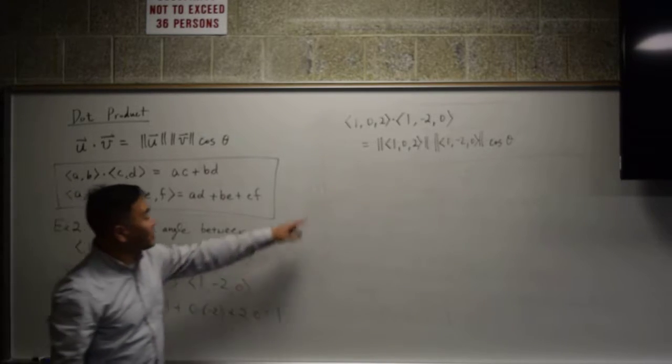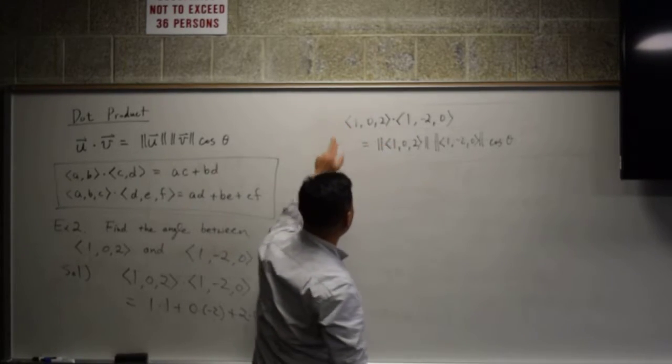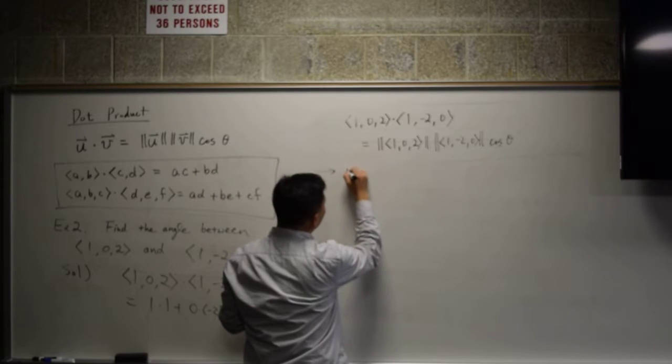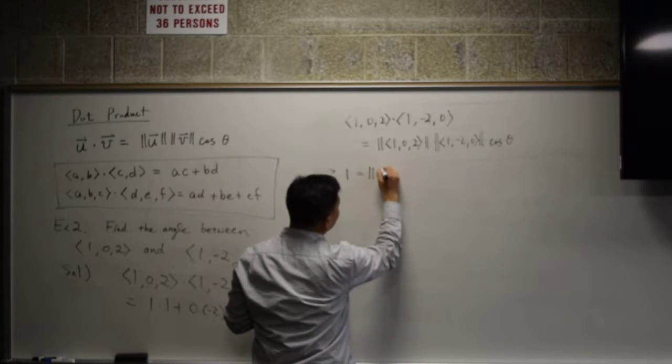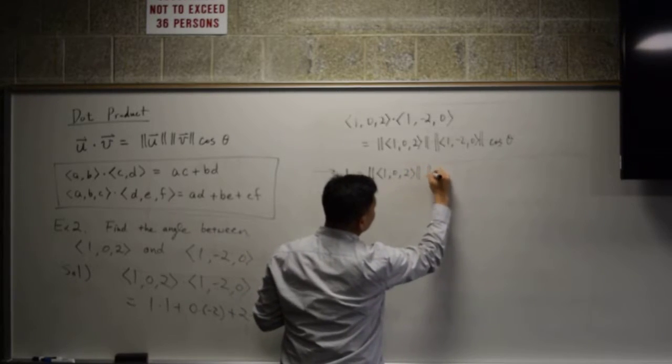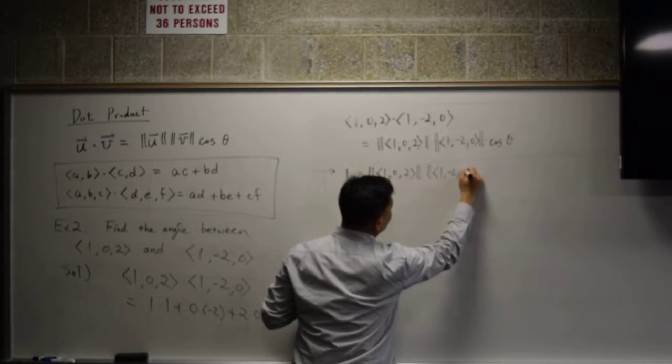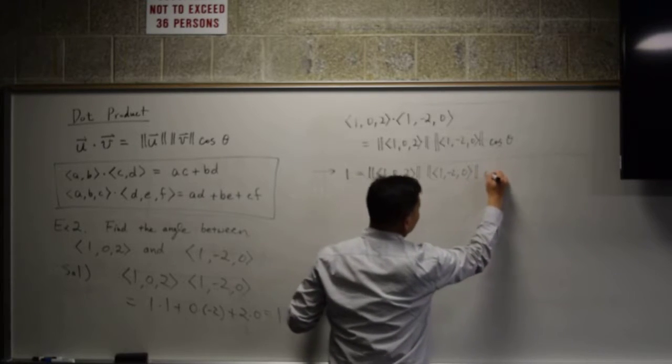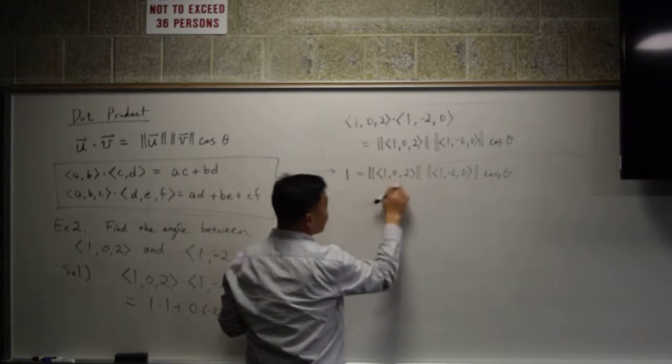But I know the left side. I know that this left side is equal to 1. So we have 1 equals the norm of these two vectors times the cosine of the angle between, and I can even find the norm.